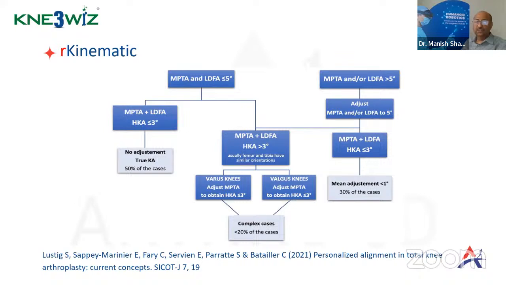The algorithm for a restricted kinematic alignment for varus as well as valgus. True kinematic alignment is possible only in 50% of cases. In the others, we would need a restricted kinematic alignment.